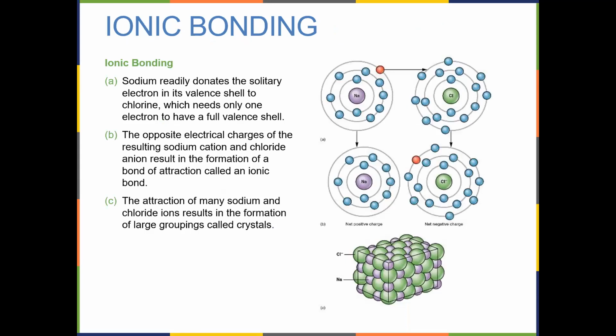So again, ionic bonding always creates salts. The end result of ionic bonding is a salt with positive and negative ions. The cations are the positive ions. The anions are the negative ions.